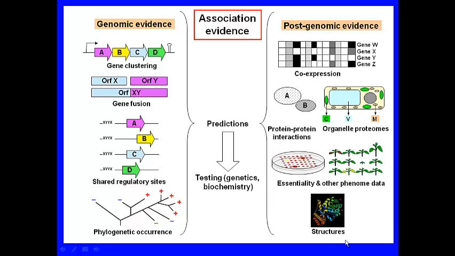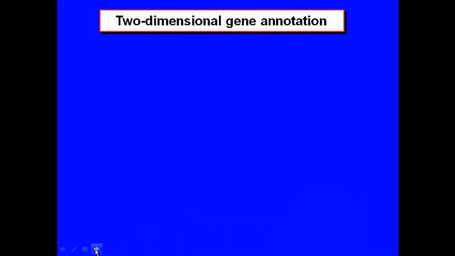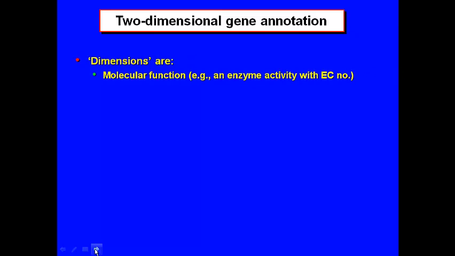Conceptually, the dimensions in a two-dimensional gene annotation are the molecular function, of which a very precise example would be an EC number for an enzyme, which defines specifically the type of enzyme and the catalytic reaction it performs. That would be a very exact molecular function. The other dimension is functional context. In other words, we have an enzyme with an EC number, a specific reaction, but does that make any sense?